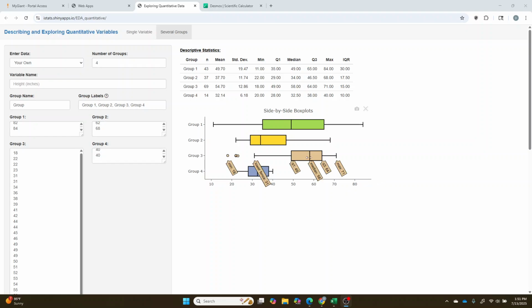Looks like group 3 has the largest average value. And it's a close call between groups 2 and 4, but I think group 4 has a slightly smaller average than group 2, right? A smaller median. So I think group 3 is the largest, group 4 is the smallest.